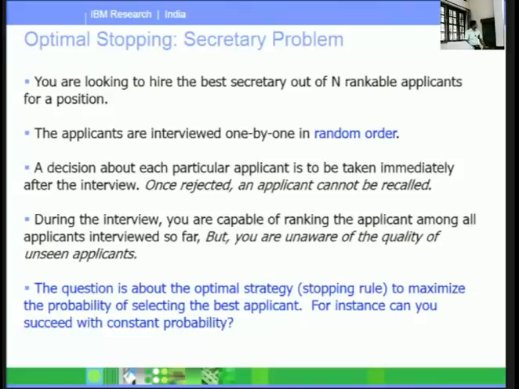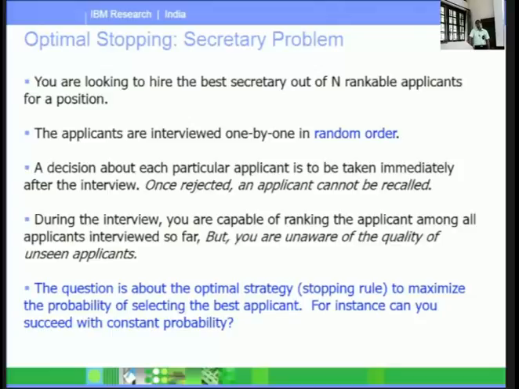What you want to do is decide a point in time when you want to stop. You want to say, okay, I want to select this candidate. You know n, and what would you want to ensure when you do a process like this?